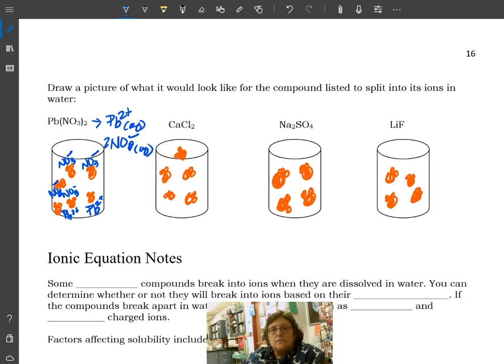All right, and there I've dissociated it. Calcium chloride, same story. We would have calcium ions and then 2 chloride ions for each one calcium. So again, calcium is going to be on the oxygen end, and the chlorides will be on the hydrogen end.